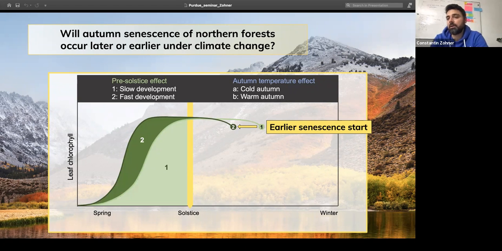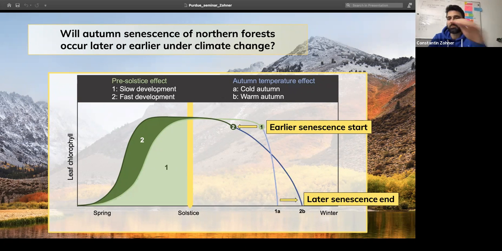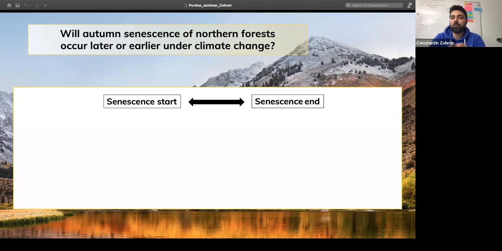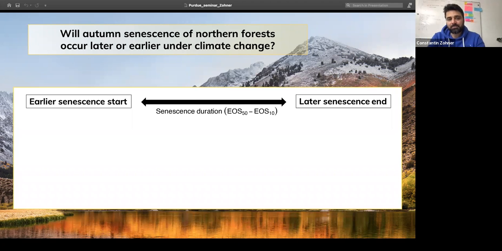we can't expect an earlier end of senescence or an earlier progression of senescence, because autumn temperatures are still modulating this whole progression. So an earlier start and a later end of senescence indicates that the overall senescence duration might be lengthening.